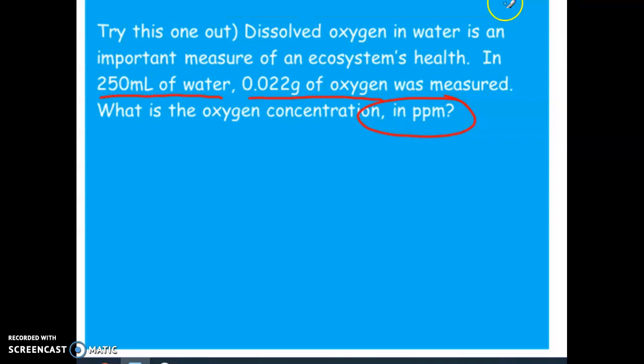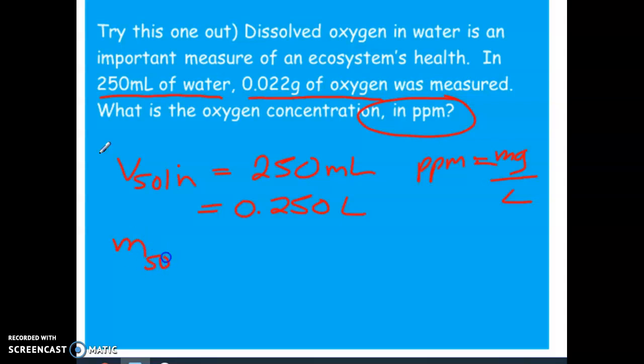All right, so let's take a look at what we have here. So the volume of our solution is 250 milliliters. So remember, in this case now we're actually going to be dealing with parts per million in milligrams per liter, since we're dealing with a solution in volume measurements. So we need this in liters. Okay, so the mass of our solute in this case is oxygen. We have 0.022 grams, and we're going to convert that into milligrams.